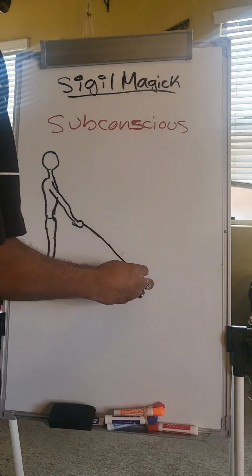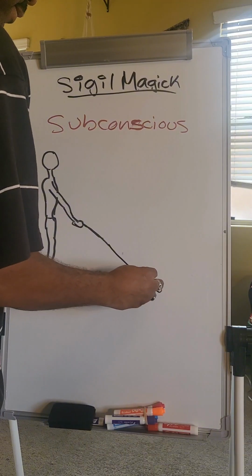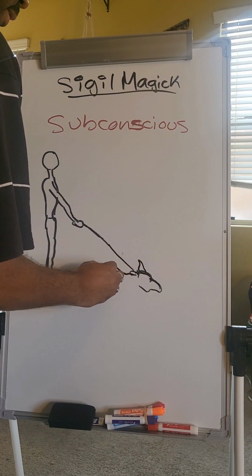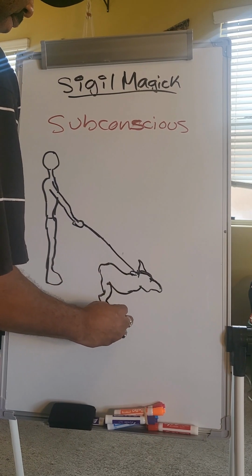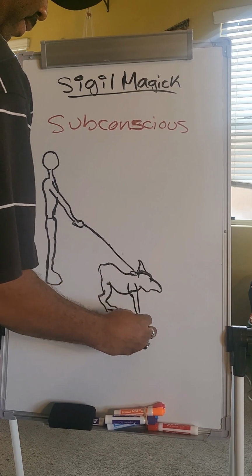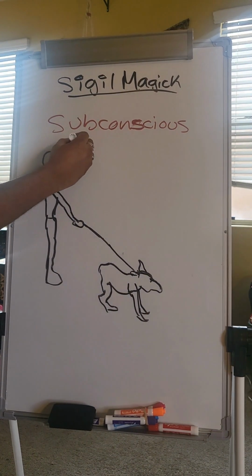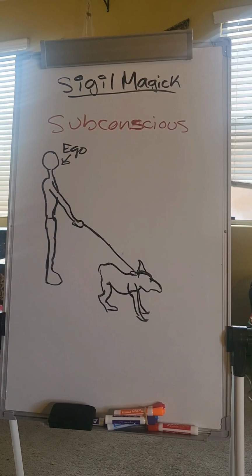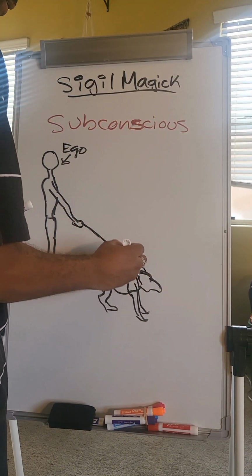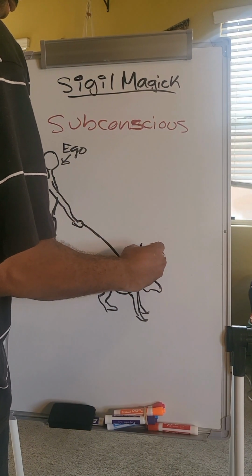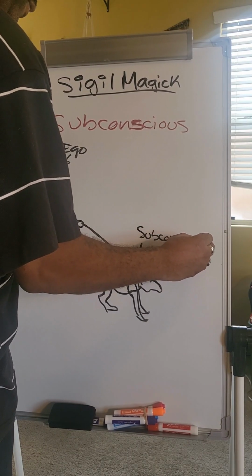If you are a person right here, and you have a dog, you as the ego are right here, and your subconscious mind is the dog. Visualize this.